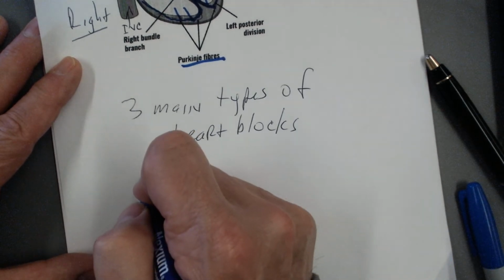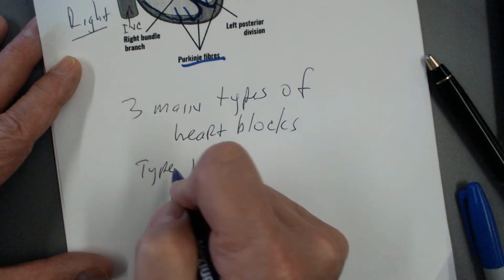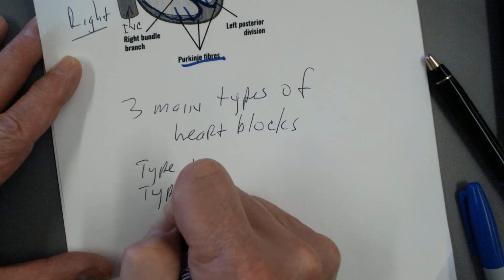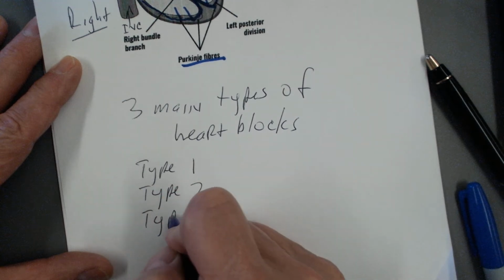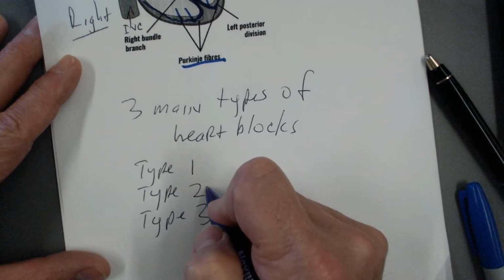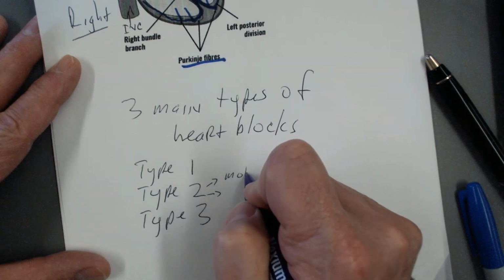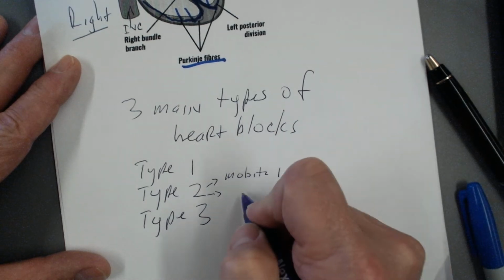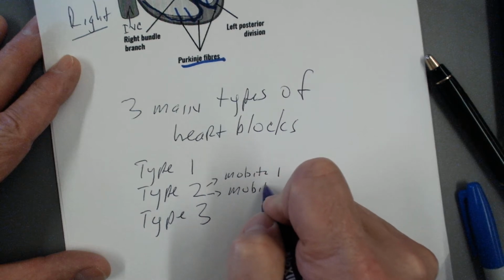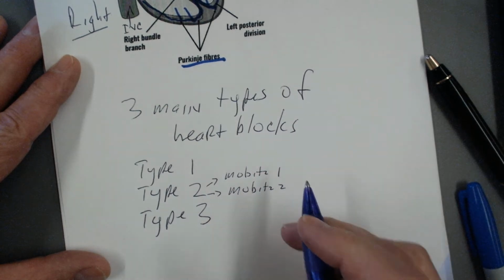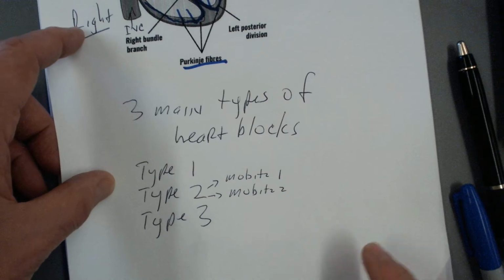Not very interesting, I realize, but that's the way they got named. There's two different types of type 2s. As we'll see, there's a so-called Mobitz 1 and a Mobitz 2. Very good. So let's now go to the first type of heart block.